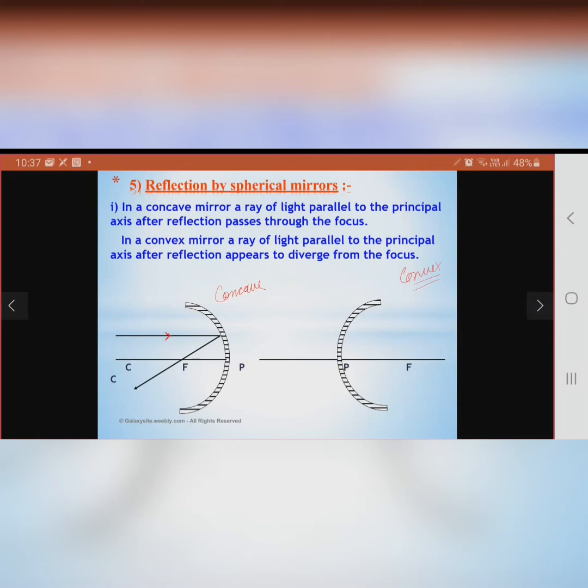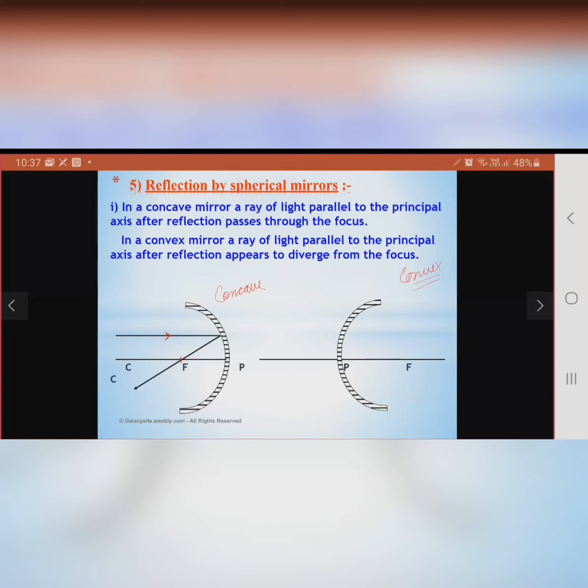As per the rules of drawing ray diagrams, whenever a ray is parallel to principal axis, then after reflection, that ray will pass through a point on the principal axis. That point would be the focus of the mirror. This rule gets slightly modified for convex mirror.